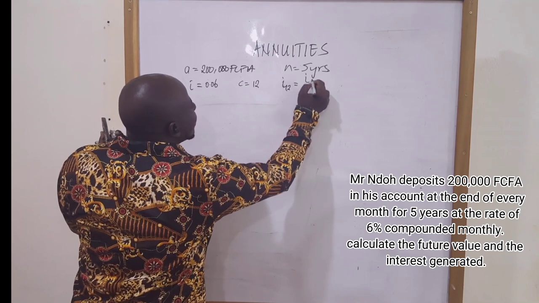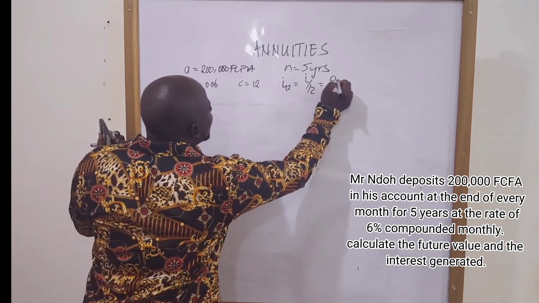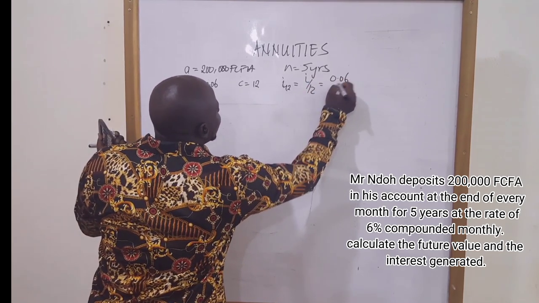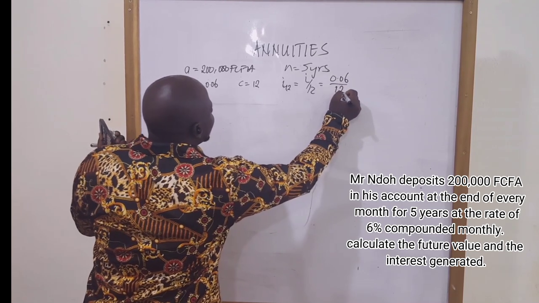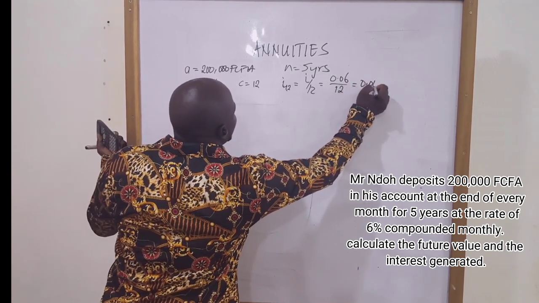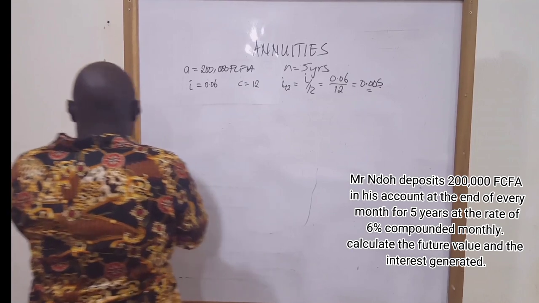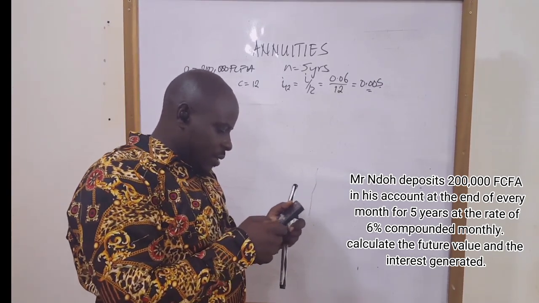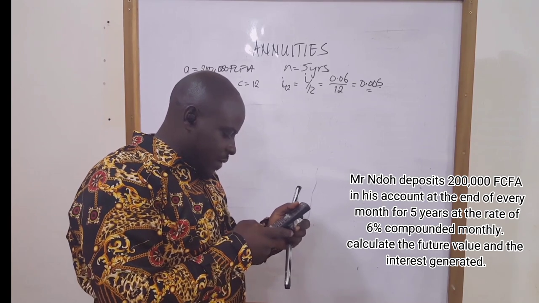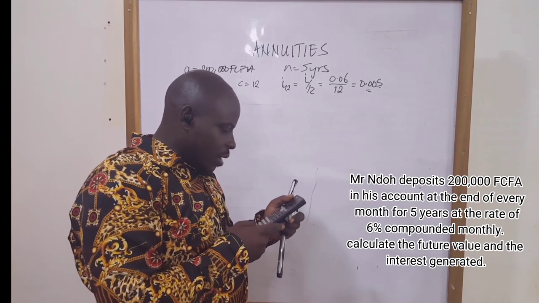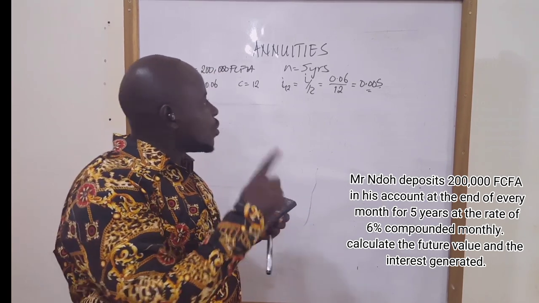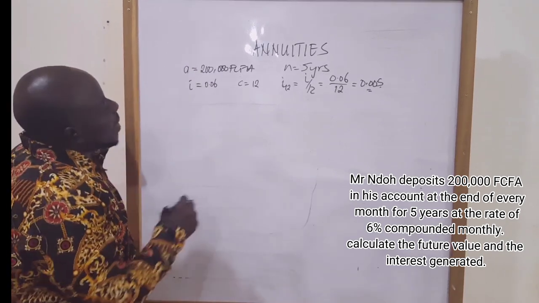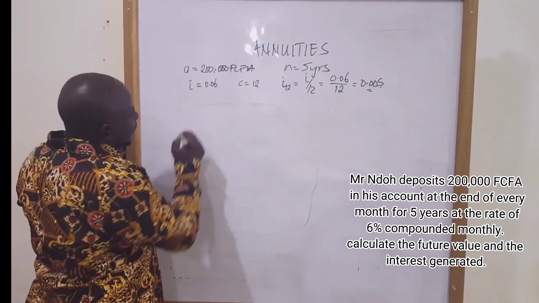That is going to be I divided by 12, which is 0.06 divided by 12. Let me confirm the calculation. 0.06 divided by 12 is 0.005. I'm correct.